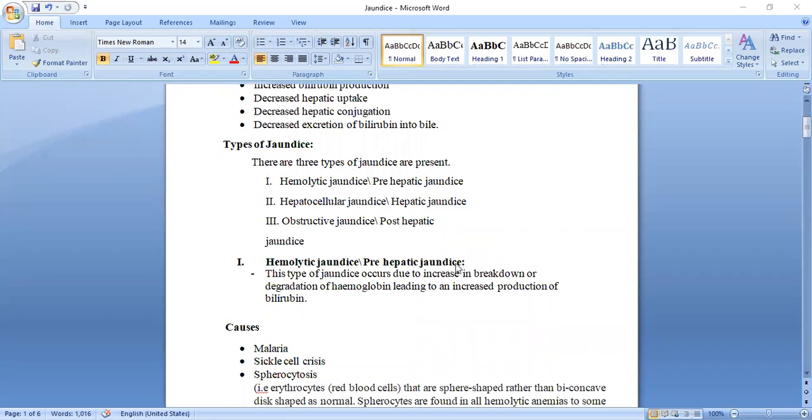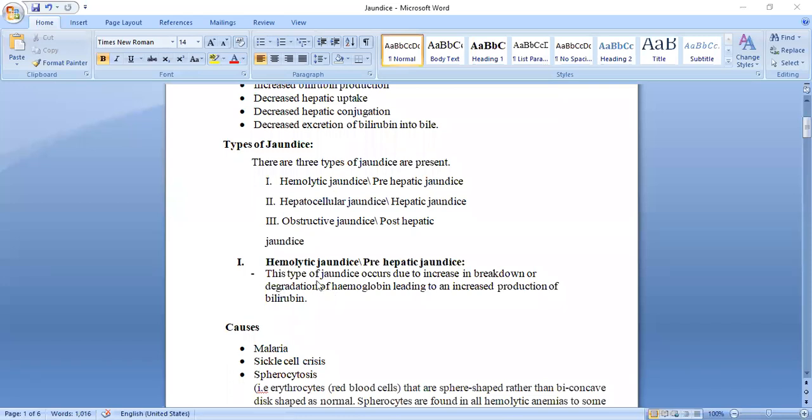First, the pre-hepatic jaundice. This type of jaundice occurs due to breakdown or degradation of hemoglobin, which leads to increased production of bilirubin. That is called hemolytic jaundice. Hemolytic means lysis, breakdown of the hemoglobin.